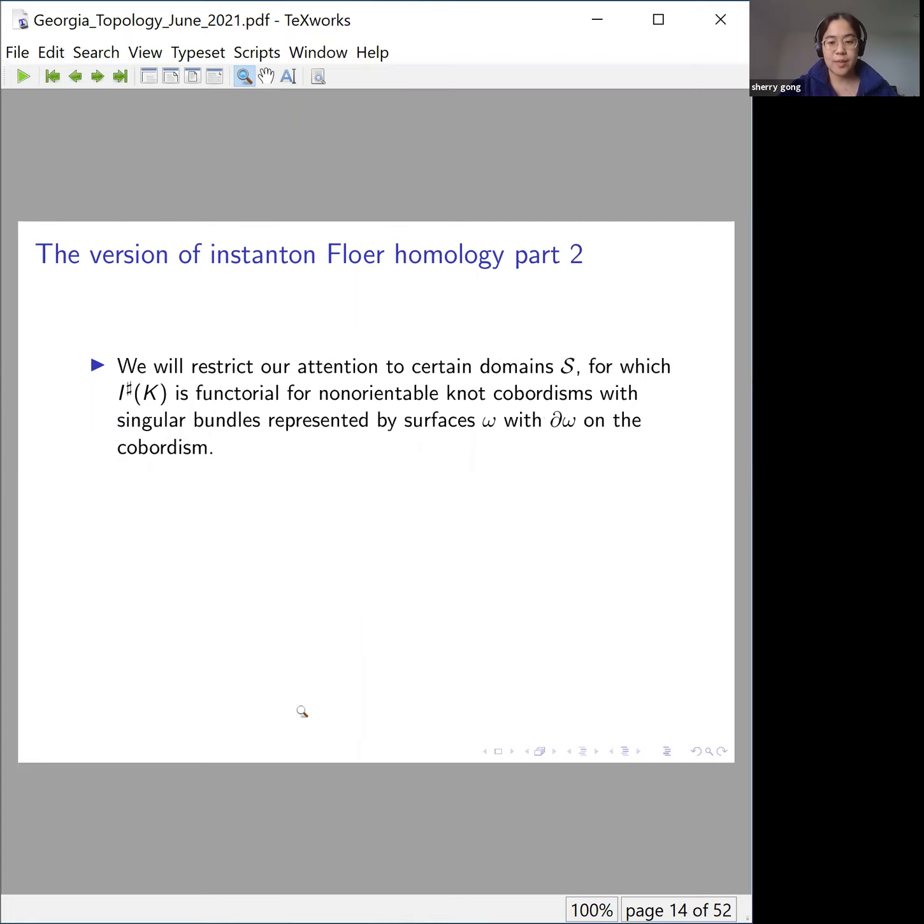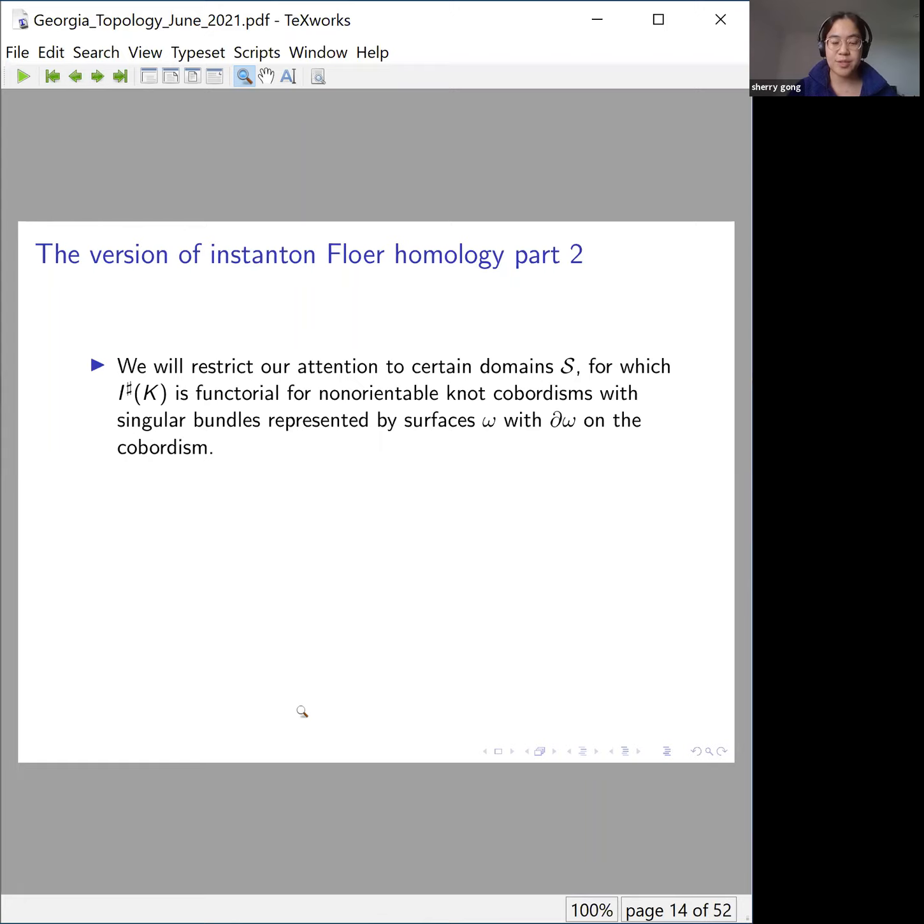Okay, so we're going to be restricting our attention to specific domains S, so not any quotient of this Laurent polynomial ring. And we're going to choose S in such a way that this I sharp k functor is going to be functorial for non-orientable knot cobordisms.